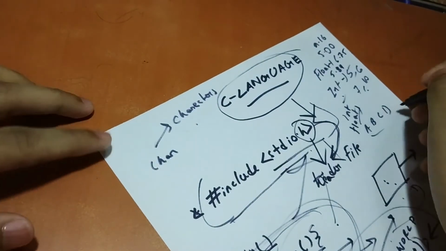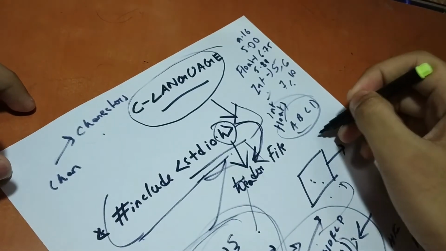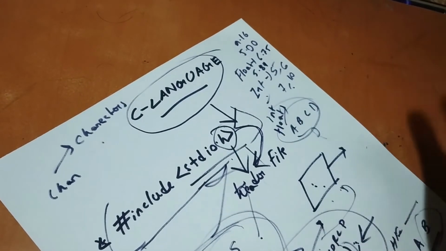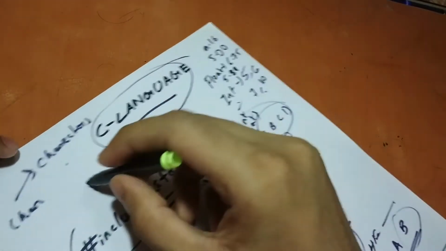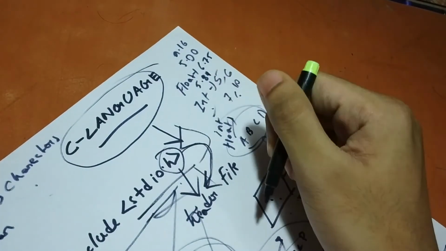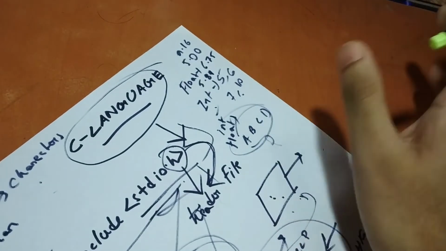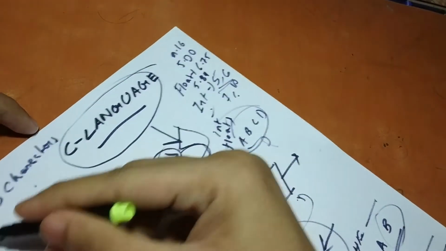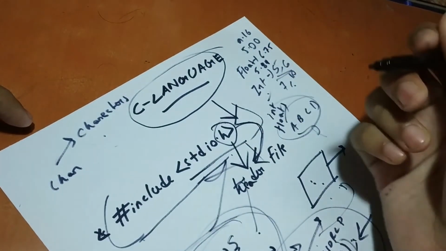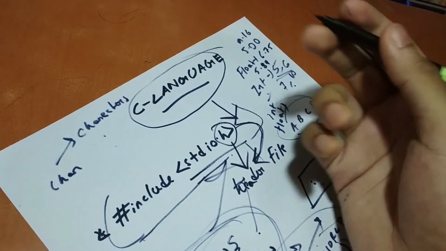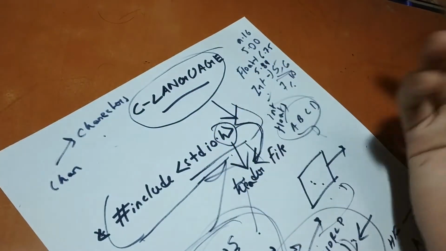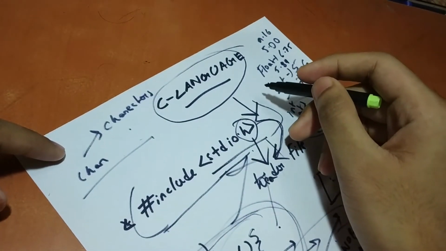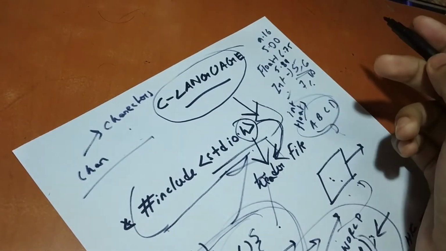Characters can be A, B, C, D, dollar, percentage, hashtag, any kind of stuff that I want to enter inside the computer. But those things shouldn't be any number or have any specific values, or a floating point. It only works with characters, which can be modulo, dollar, asterisk, A, B, C, D up to Z, Latin words, any kind of stuff. So that's what a character data type is.